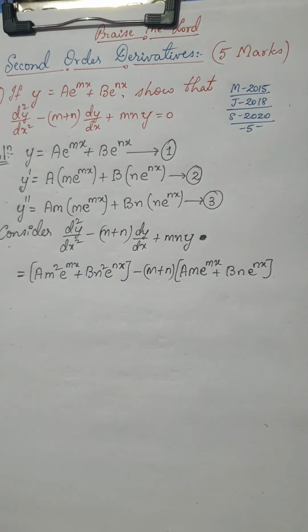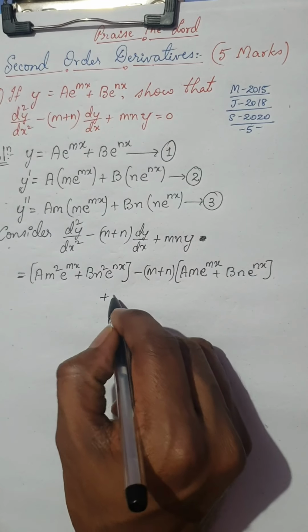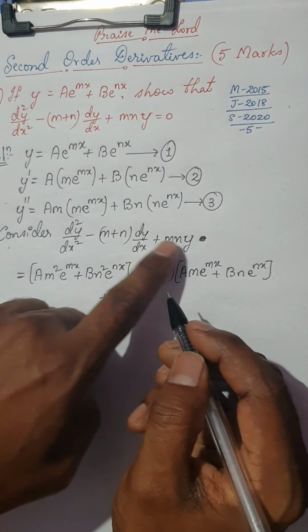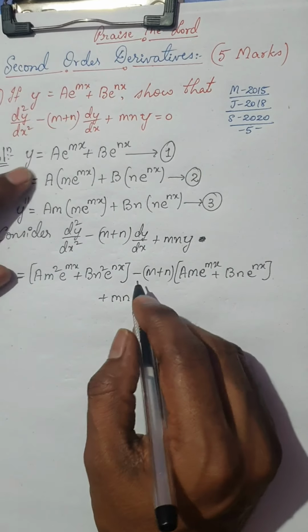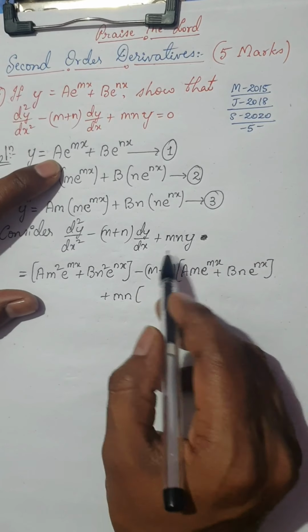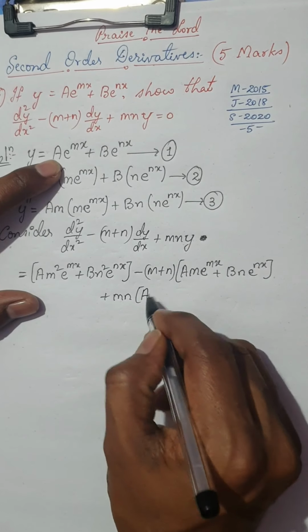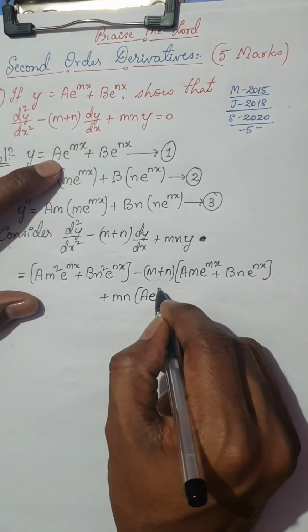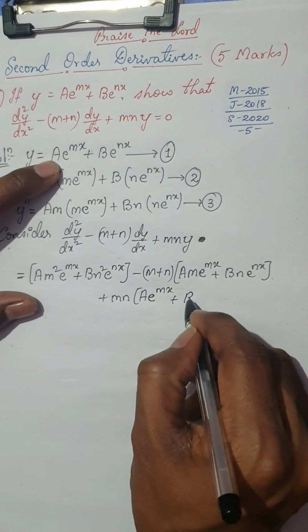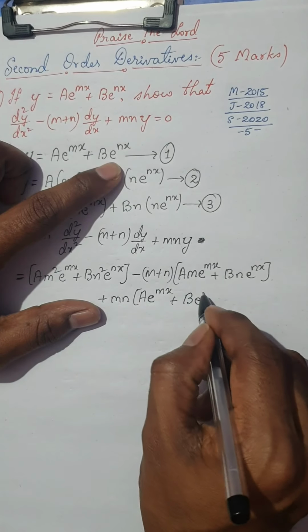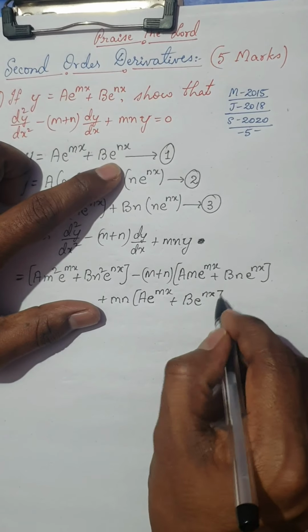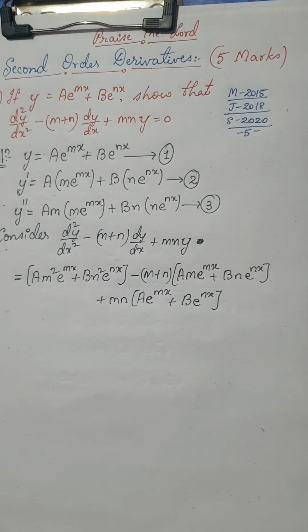Is it clear? Plus m into n into y. Now substitute back what is y. So mn is multiplied to the whole y. So it is a into e power mx plus b into e power nx. Is it clear? So I've just substituted.